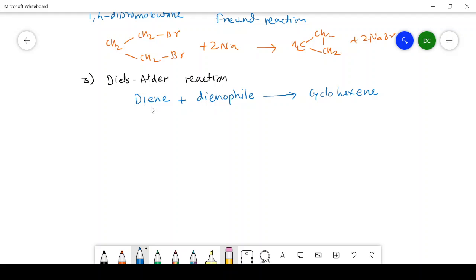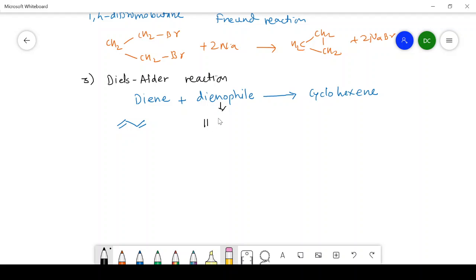Now here diene, we know, is the compound which has two double bonds. But what is meant by dienophile? Dienophiles are the compounds which possess a double bond. So this type of compound is also called a dienophile.